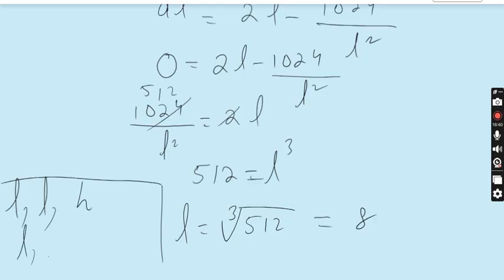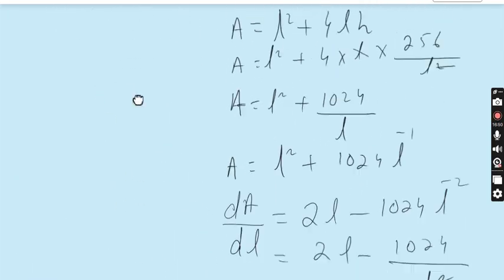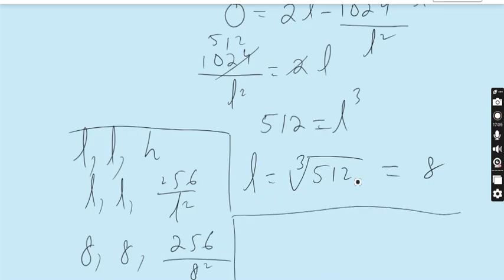Length and H was 256 upon L square. 256 upon L square. So L we have found 8, then L is 8. 256 upon 8 square.